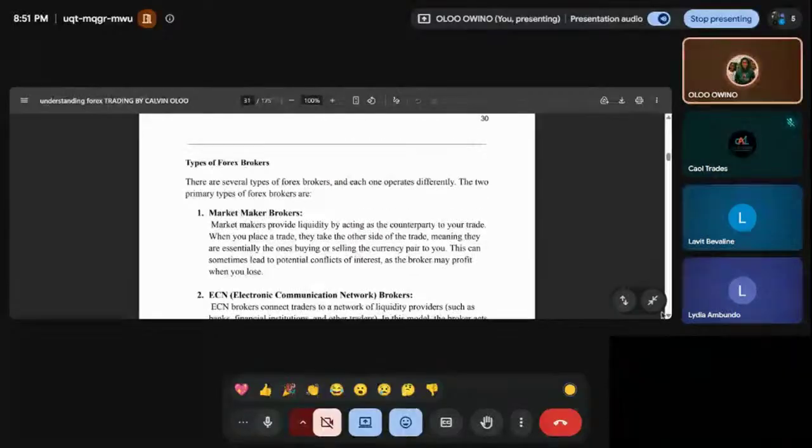Now we have different types of forex brokers. The first type of broker is the market maker broker. The market maker broker is a broker who is a direct liquidity provider. When you place a trade, they are the ones buying and selling the currency.